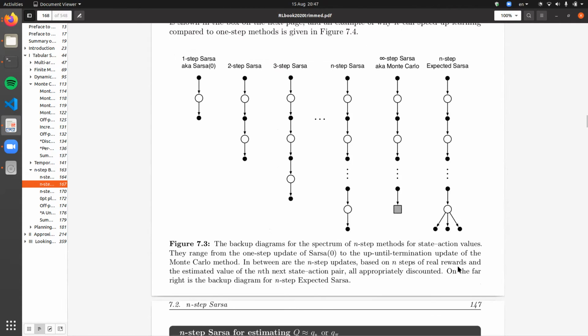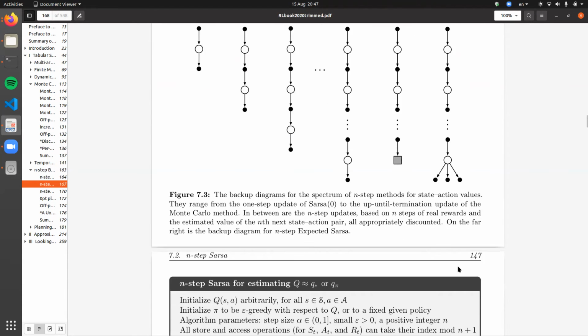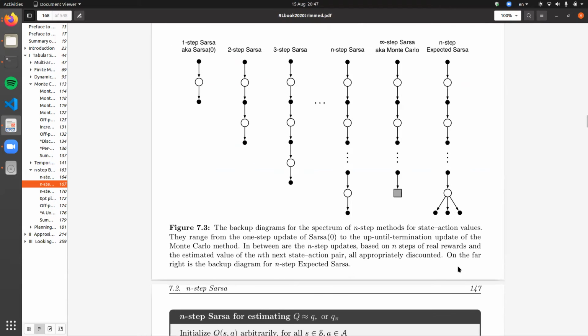Large variance? Large variance in the sense we are not doubling down on a particular value, like in Monte Carlo updates, which go down to a particular terminal state. So here we have a variance of the backup.